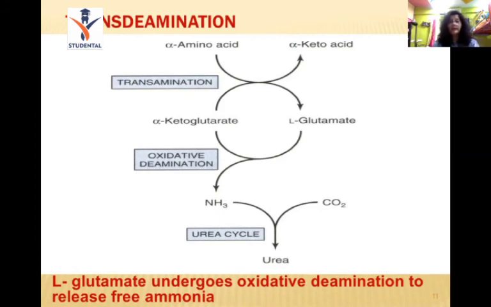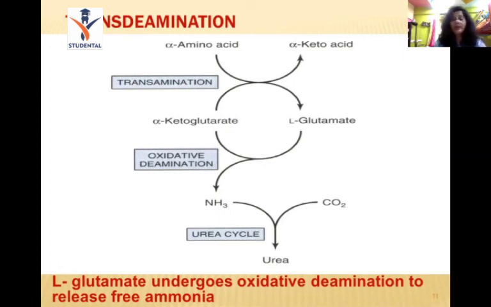So here by this diagram we can see that though this transamination and oxidative deamination occur at different organs, physically they are occurring at different places, but physiologically they are joined together, they are coupled together.